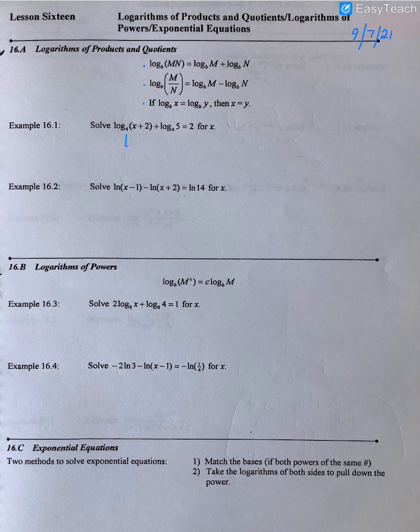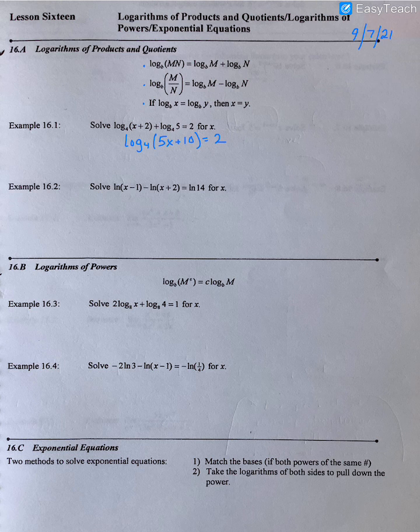So I can rewrite this as still log base 4, but then I'm going to multiply 5 times x plus 2. 5 times x plus 2 is 5x plus 10. So that's using our product property. I took two logs being added and rewrote them as one log where the insides are multiplied.